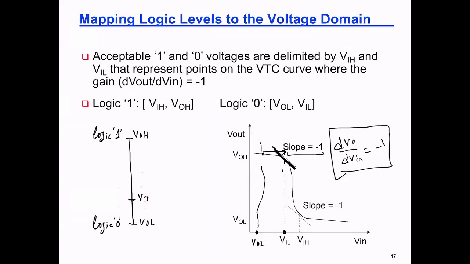So I define this point to be the input low, VIL, and we say that as long as my input is between VOL and VIL, I can still assume that I'm operating as a logic 0.